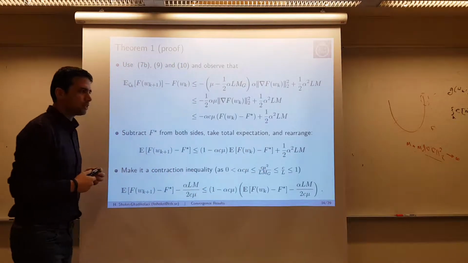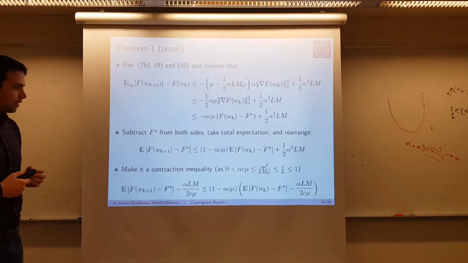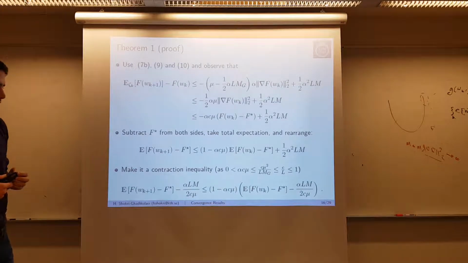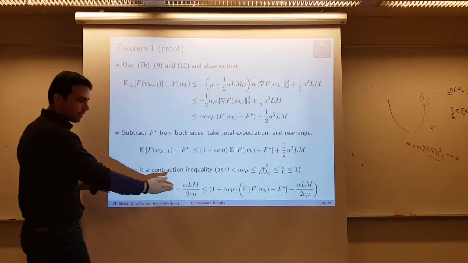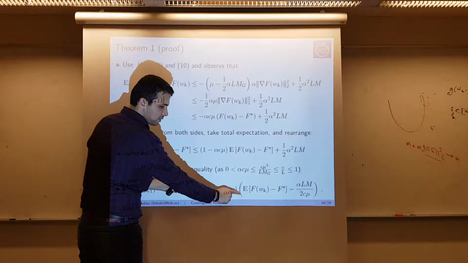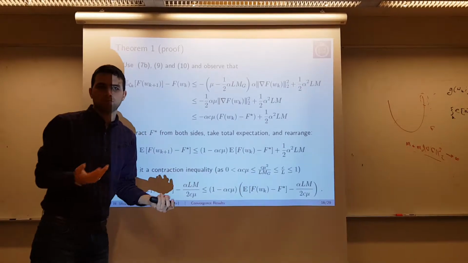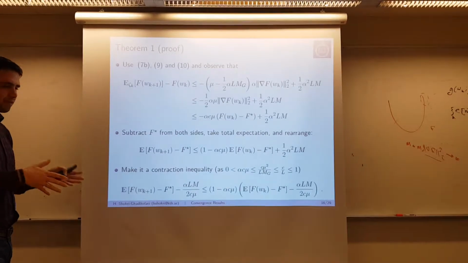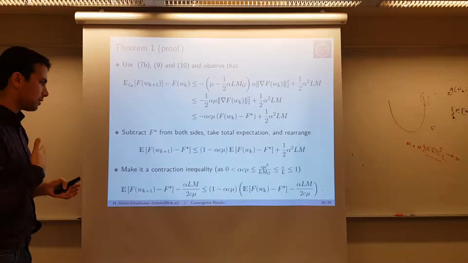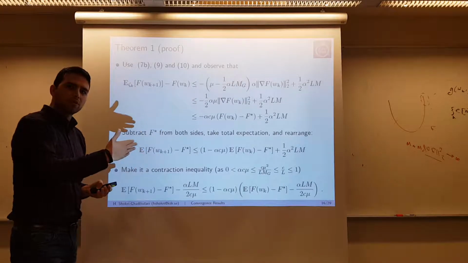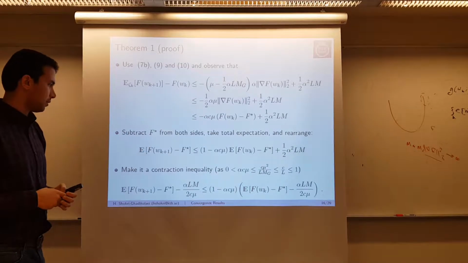But this is not a contraction so far, right? Just to make it a contraction inequality, meaning that something is smaller than some rho multiplied by the same thing, and this rho should be smaller than 1. So then you have a contraction. So then as you iterate, you get closer and closer and closer to the solution. Okay.